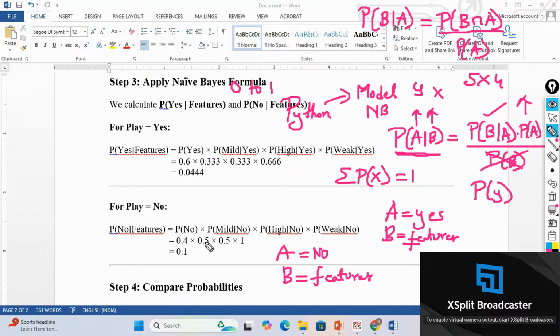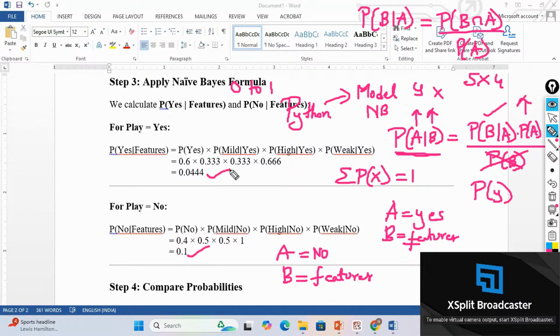Do the same process, multiply: 0.5 into 0.5 is 0.25, then 0.25 multiplied by 0.4 will be 0.1, and 0.1 into 1 is 0.1. So the probability of play being no with the given features is 0.1.